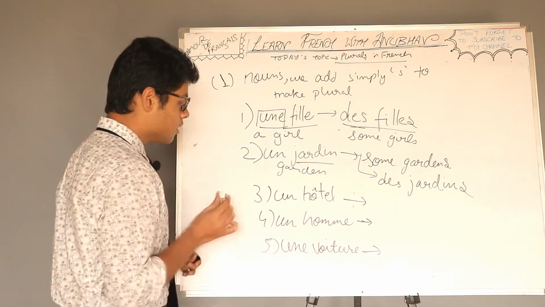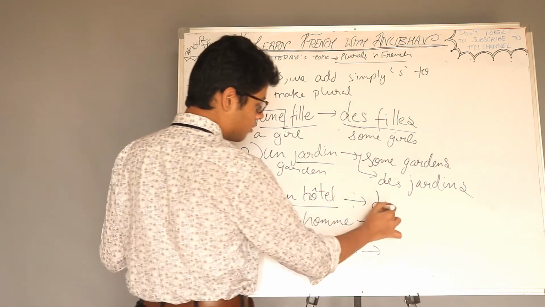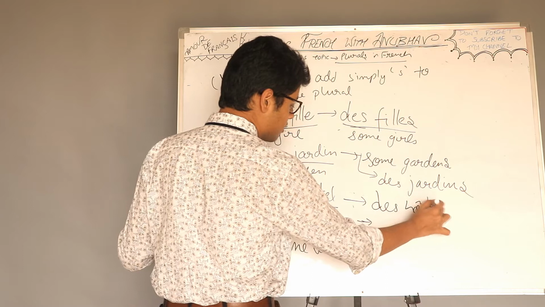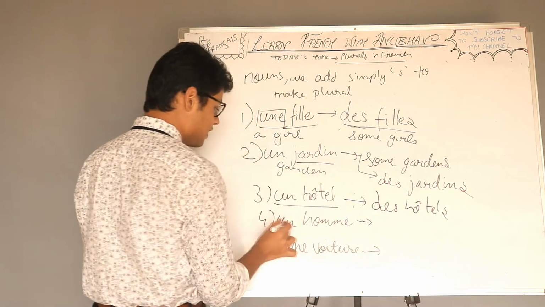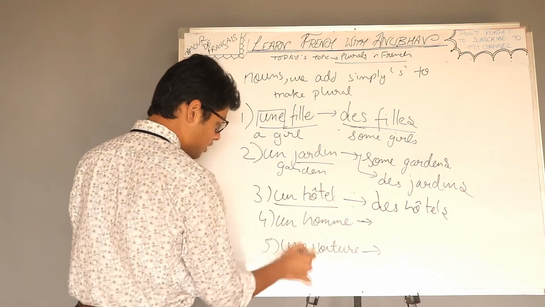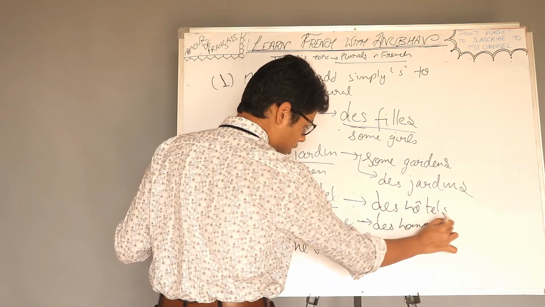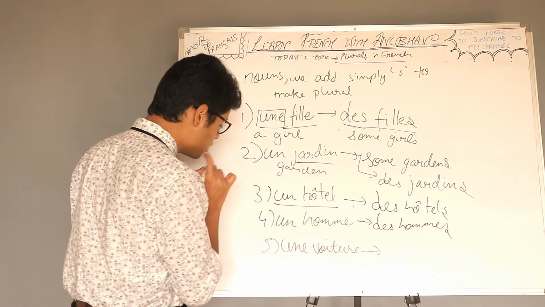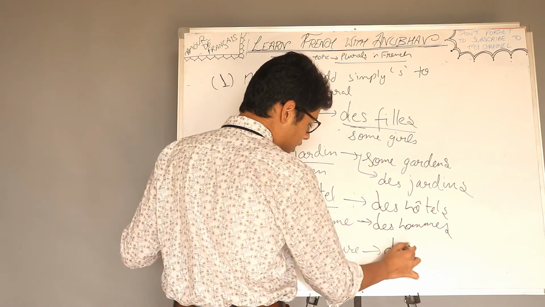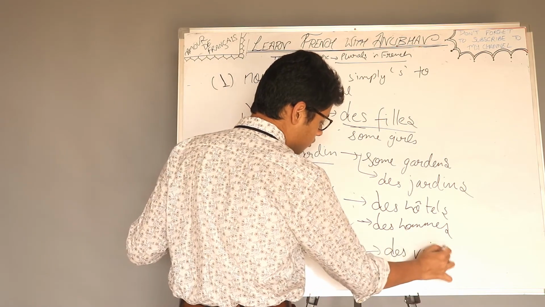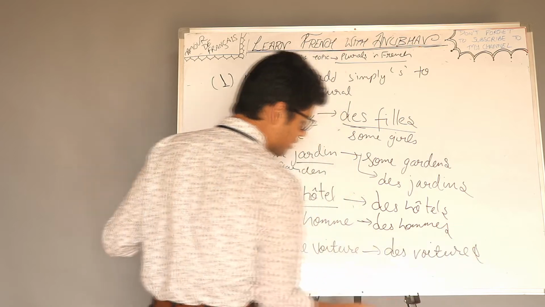Let's continue. Un hotel, des hotels, some hotels, simply add an s and change the article. Same goes for these two: un homme, des hommes, add an s after homme. And une voiture, des voitures, with s.